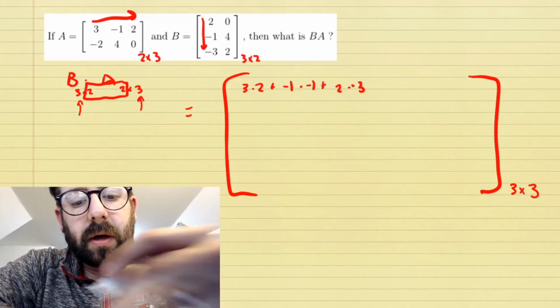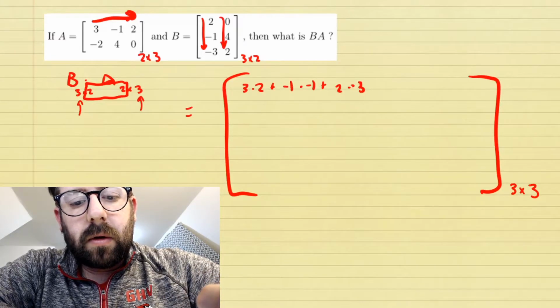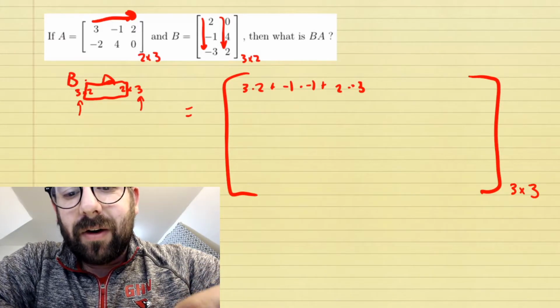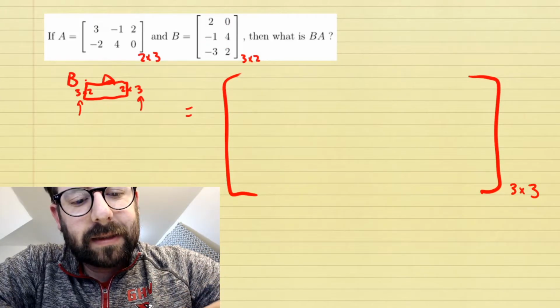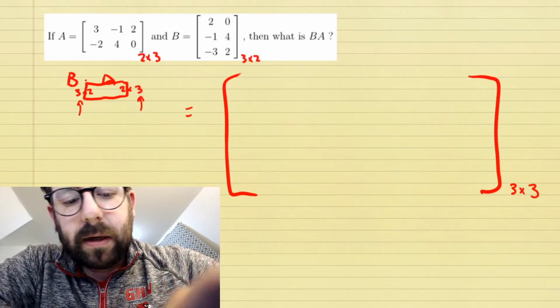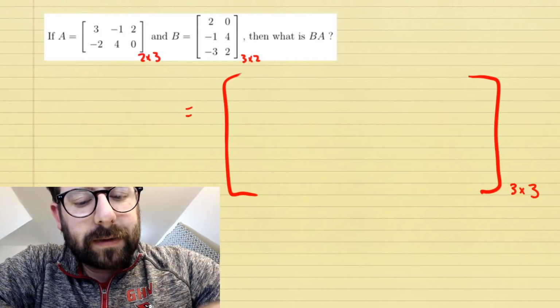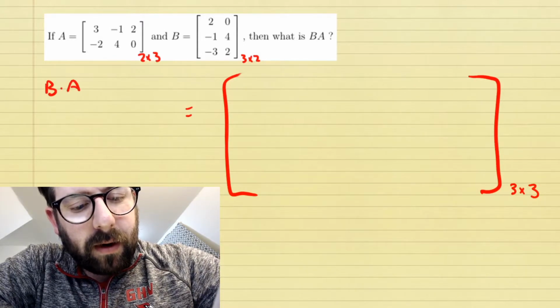And then the next one I'd go row, column. Oh, did I? Oh, hold on. Oh, I made the bad mistake. Oh, silly mistake. Amateur hour in here. I did it to myself. B times A, right?